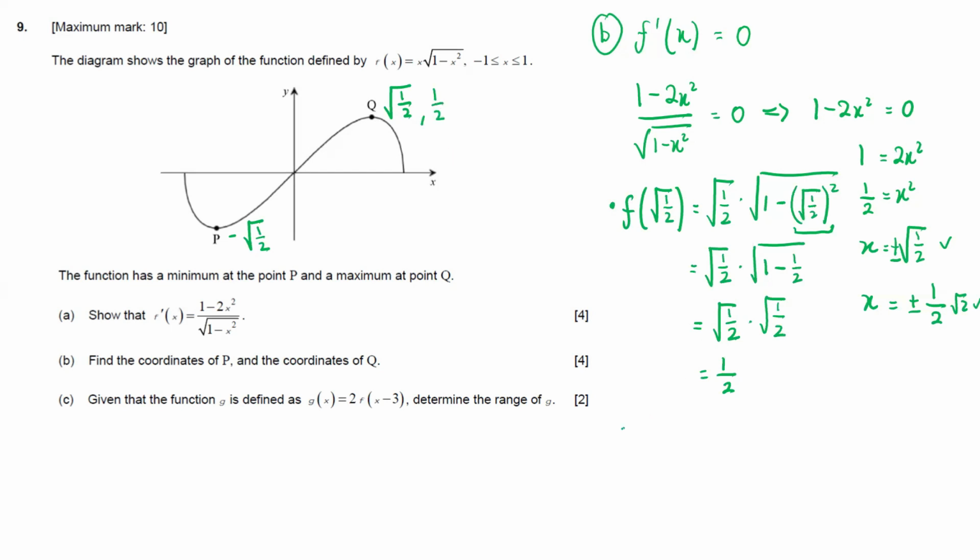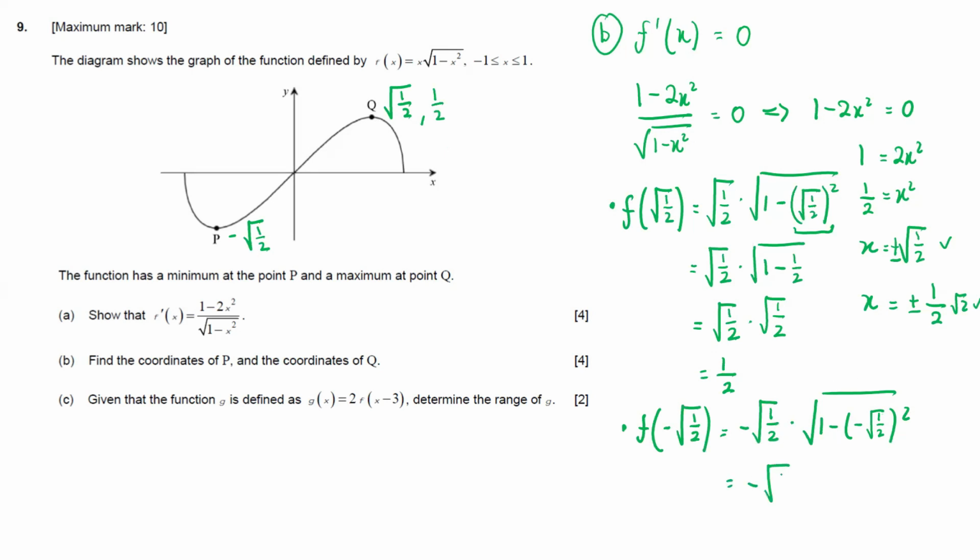And then for the second one, we'll substitute f with negative square root of 1 over 2. Well, the same thing, we'll have negative square root of 1 over 2 times square root of 1 minus. Now, this one will have negative square root of 1 over 2, but it will not change too much because negative and then you square it is actually going to be just 1 over 2.